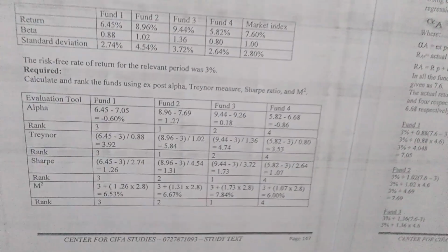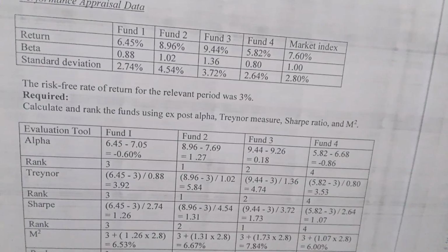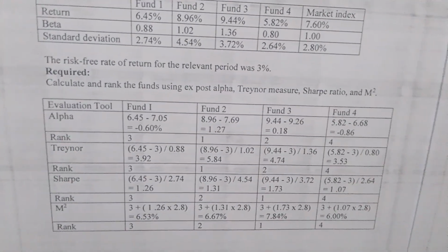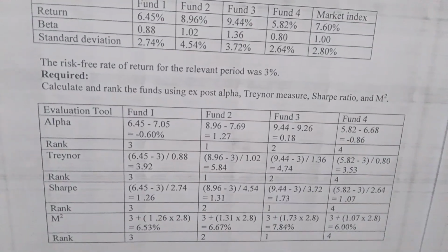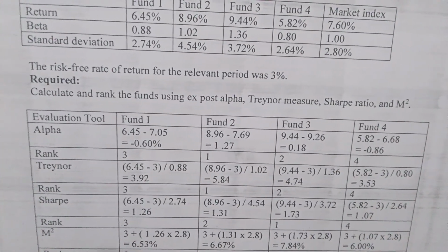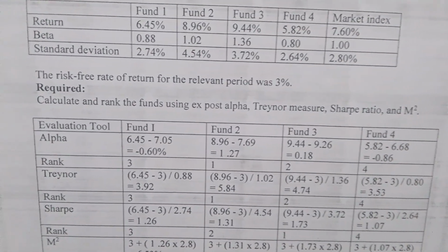That's how we calculate the alpha. It is also called Jensen. So note that, that's an important point, the alpha is also known as the Jensen alpha.